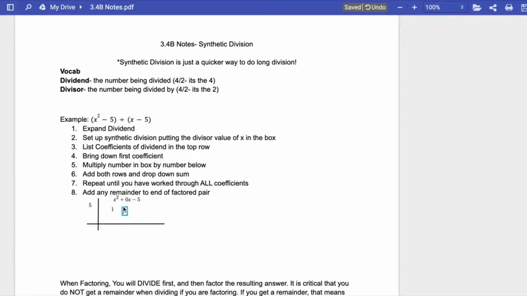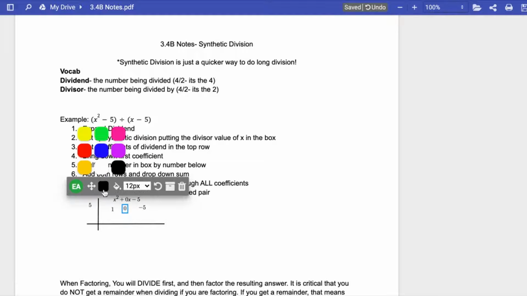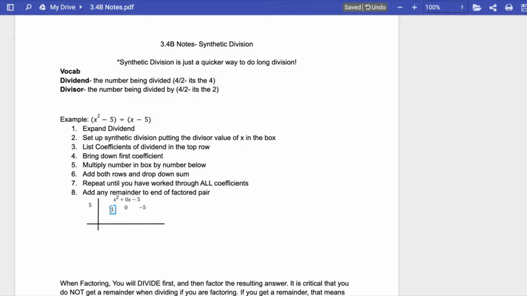The coefficient of x is 0, because there's no x. And then the constant is negative 5. I'm going to move these so they're a little more even, because it will bother me, and probably bother some of you more. All right, now I have my coefficients listed in the top row.